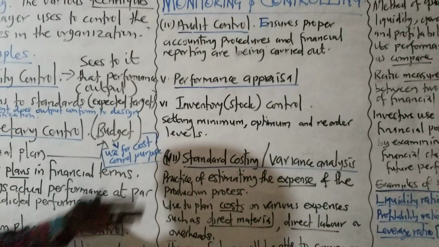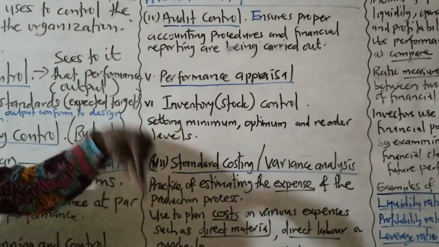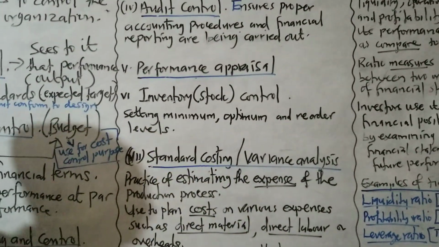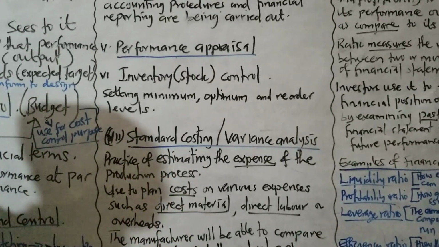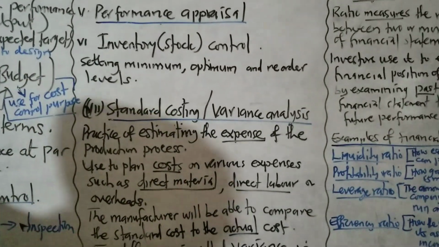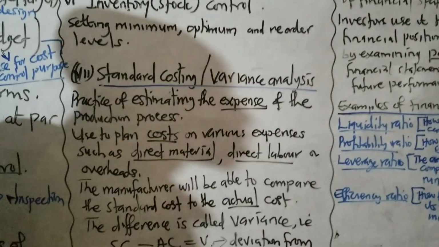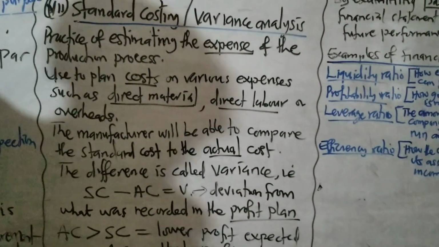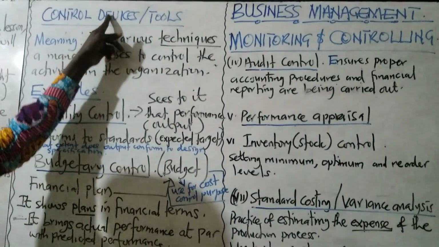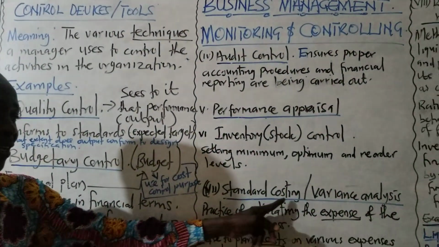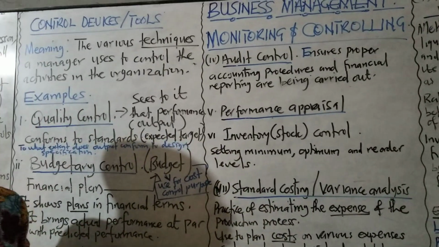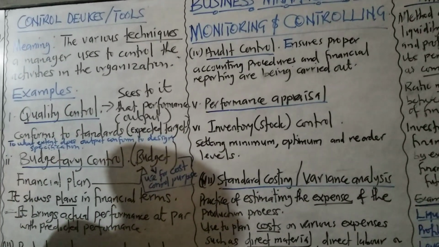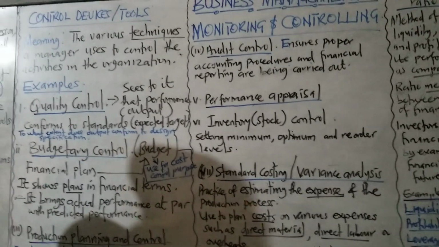Then the next one, so this is costing, and we are moving to costing again. Those of you who are doing costing, what you call standard costing or variance analysis. That is also another tool or device. Standard costing or variance analysis. What is it?